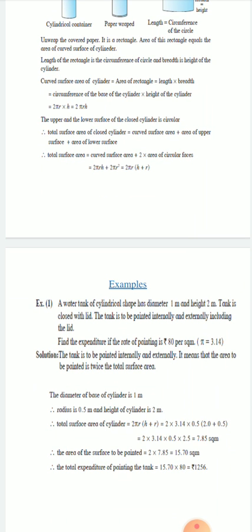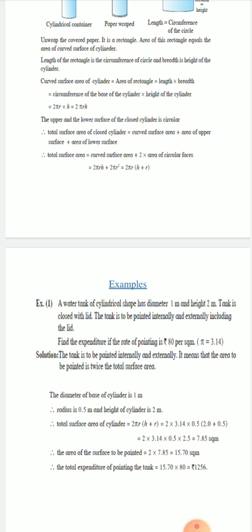The tank is to be painted internally and externally including the lid. Find the expenditure if the rate of painting is rupees 80 per square meter. The value of pi is given as 3.14.